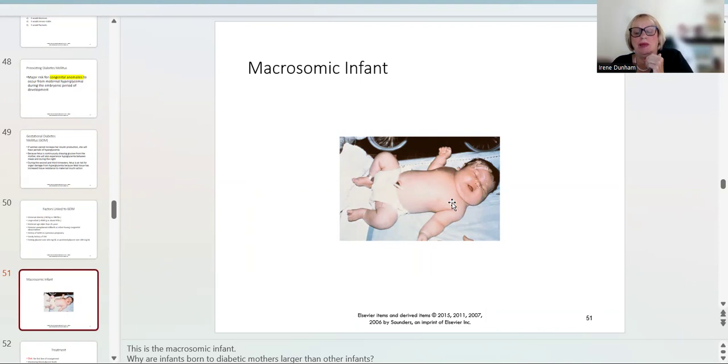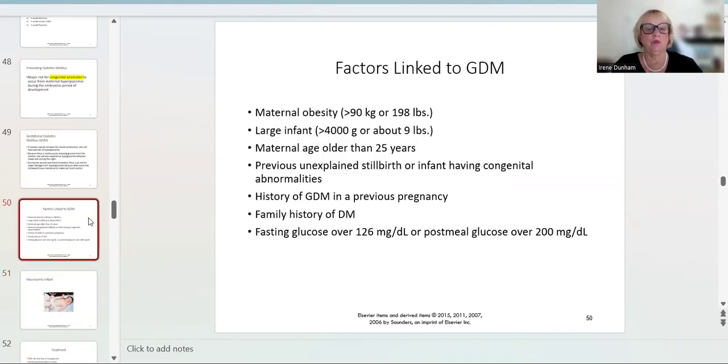And usually when we have a baby with shoulder dystocia, and I've been on deliveries with it, they sometimes have to break the baby's clavicle. When they break the clavicle, they release that shoulder down and then we can get the baby out. So that's a big baby. This is called a macrosomic baby. Macrosomic, large baby. You need to know that term.